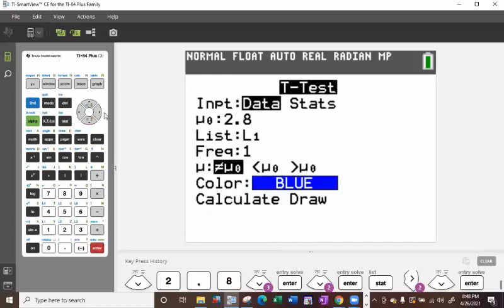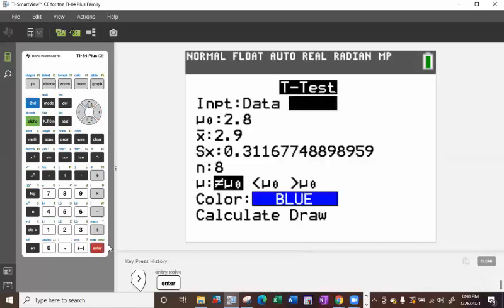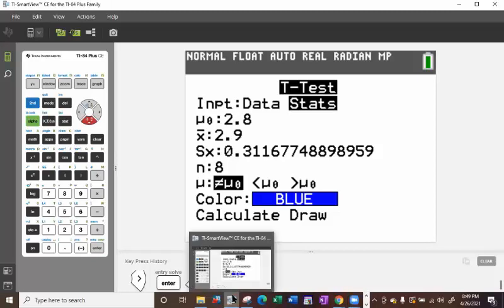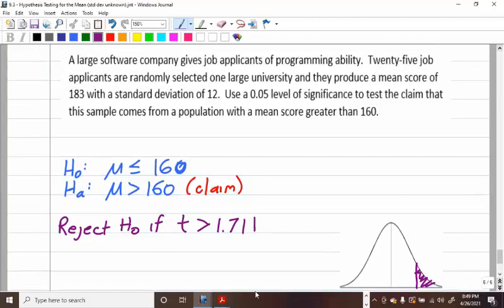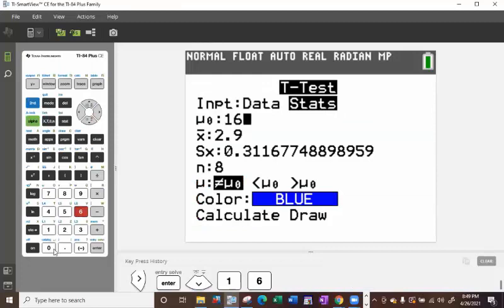Now we're back to stats. So now we're entering in all our numbers. All right, I don't remember any of this. 160, 25.